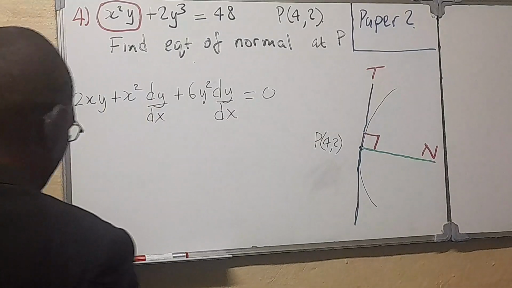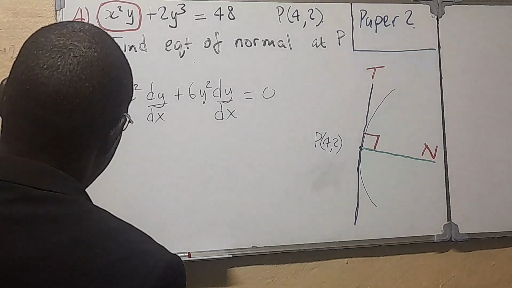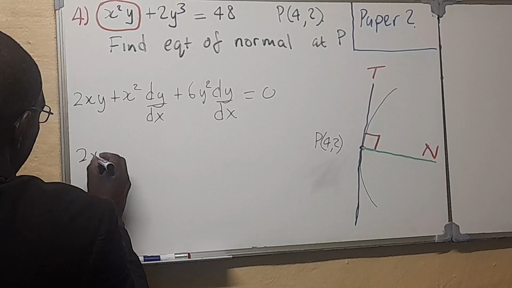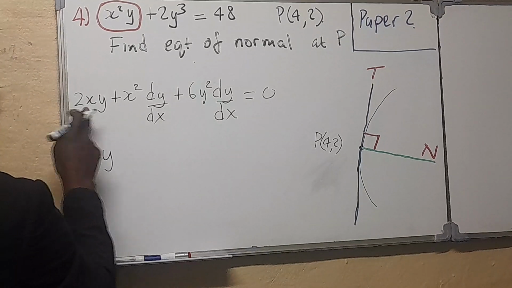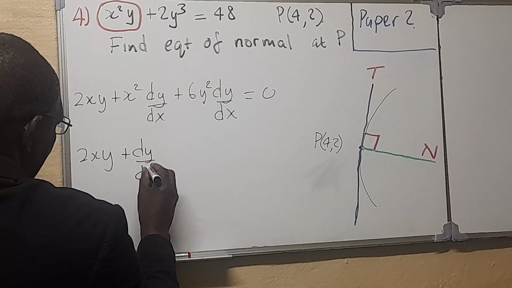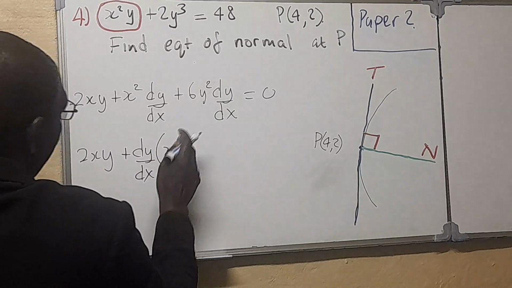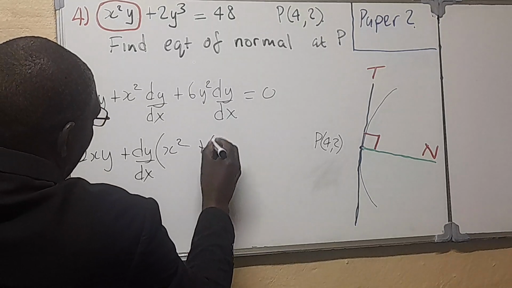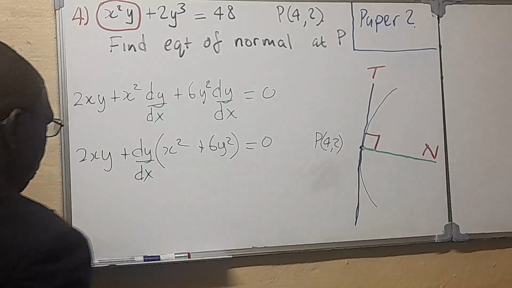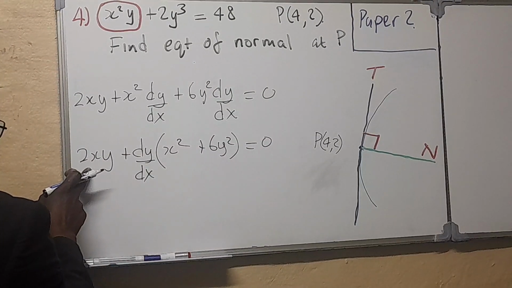So now let's collect our dy/dx terms together. We can factorize this. So we have 2xy, which is this part here, plus, take out the dy/dx. Here, how many times? It goes x squared. Here, how many times? It goes 6y squared, is equal to 0. Let's take our 2xy to that side.